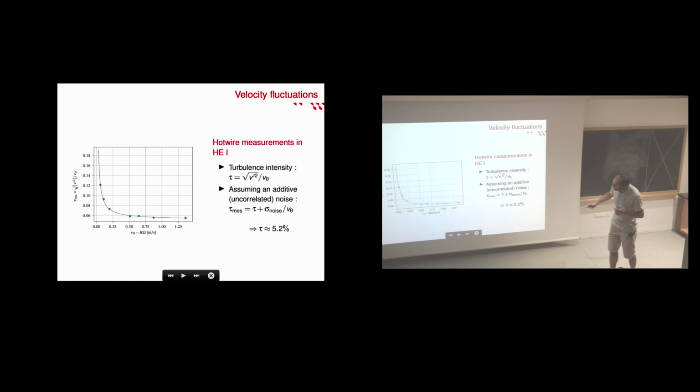And the turbulence intensity here tends to be this number. At low velocity, we have noise that we must take into account in order to compute this number. But this is a quite low turbulence intensity, closer to grid turbulence than, for example, to jets or to what we obtain in counter-rotation in Schreck.